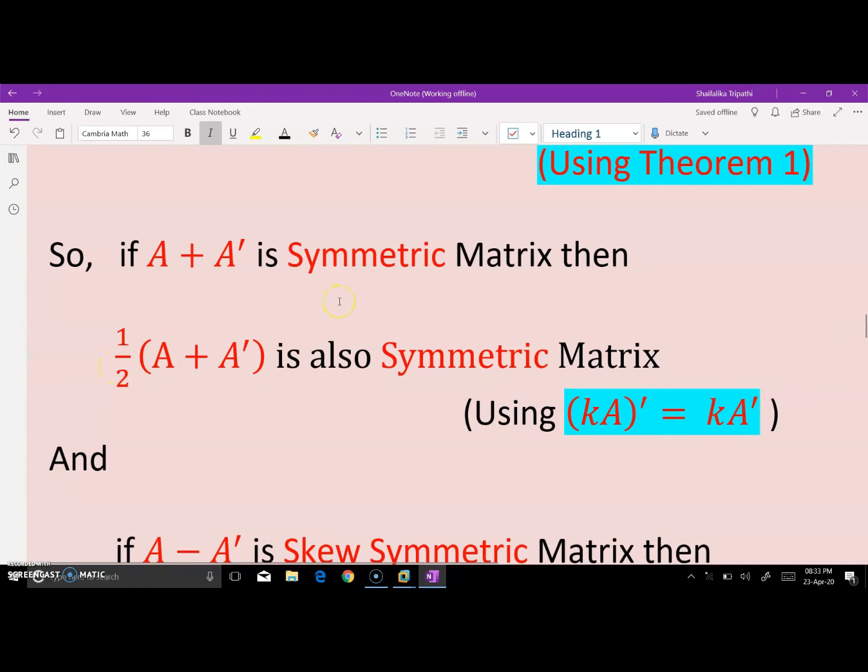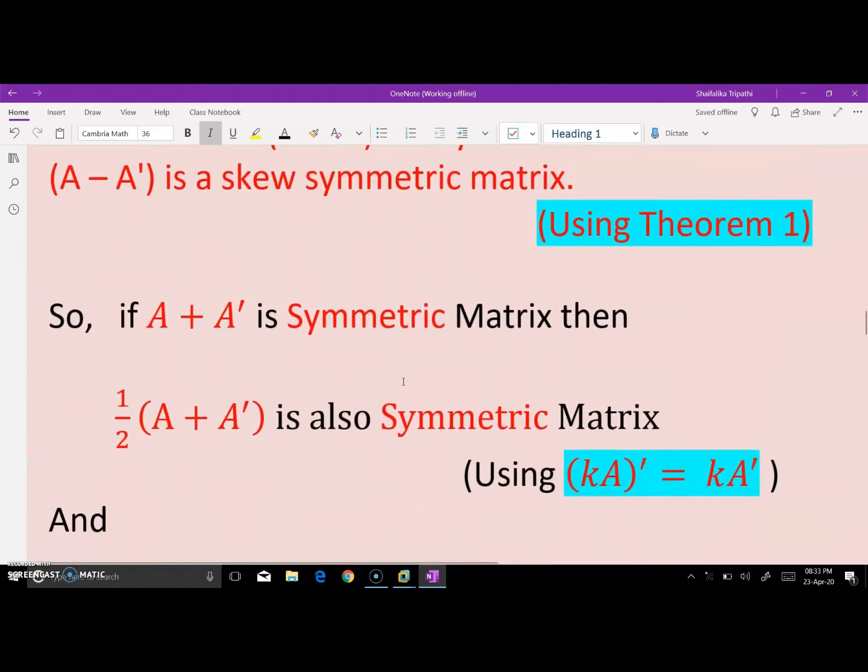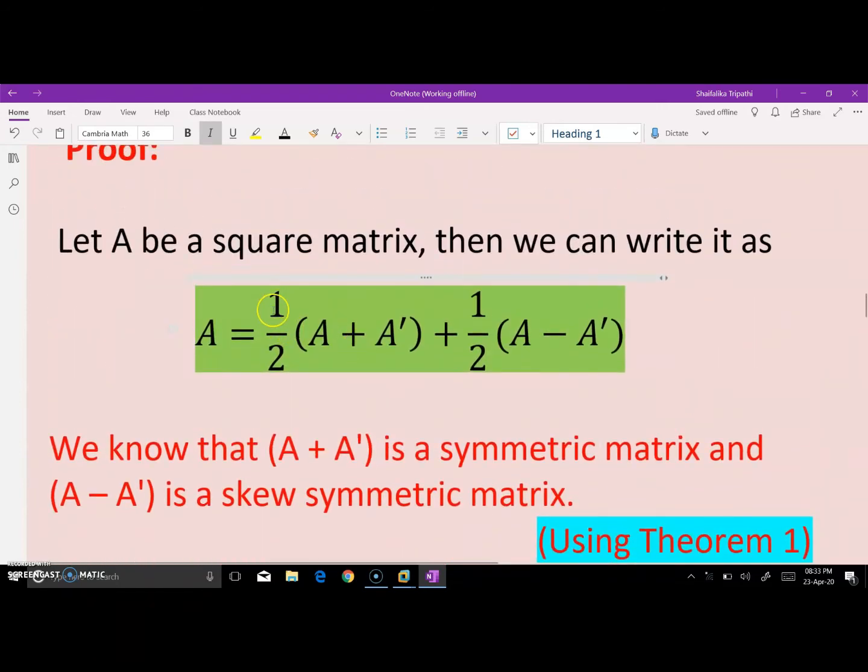Similarly for the skew symmetric matrix, A minus transpose of A, if I am multiplying this with any scalar, the scalar remains as it is and this will be a skew symmetric matrix. So now we can say that 1 by 2 (A plus transpose of A) is a symmetric matrix and 1 by 2 (A minus transpose of A) is a skew symmetric matrix, right?